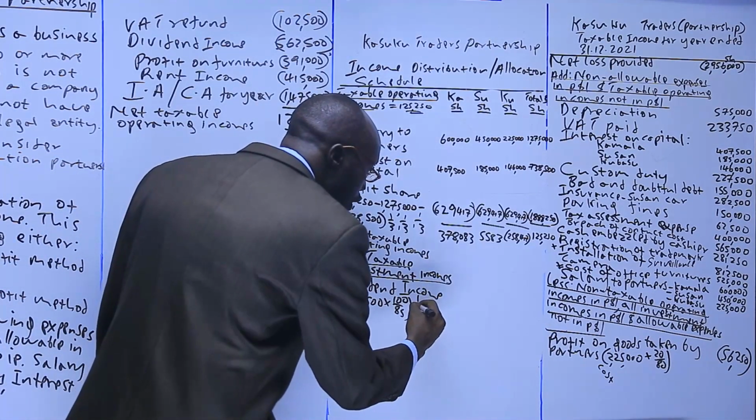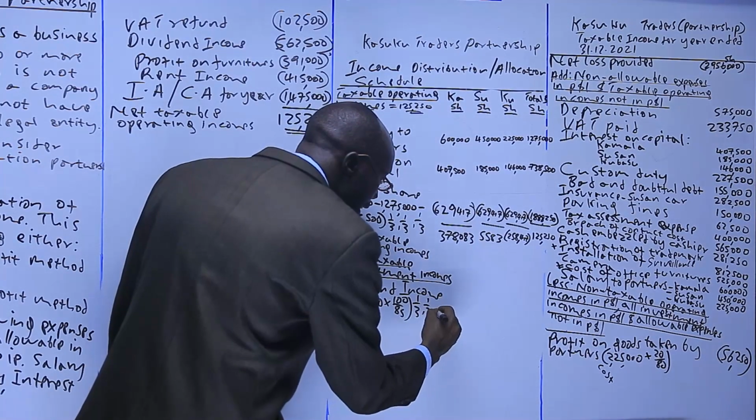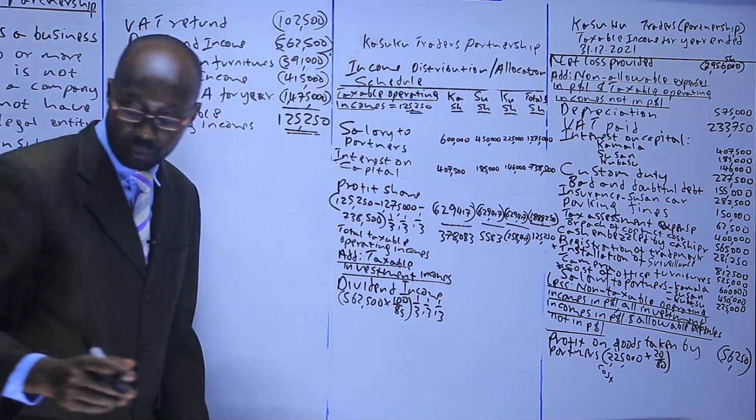And then the profit sharing ratio: each is to get a third.